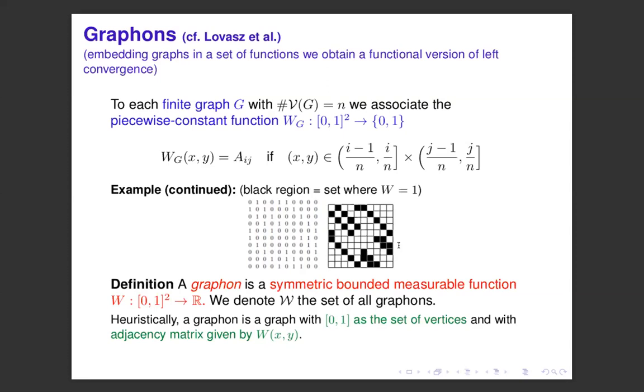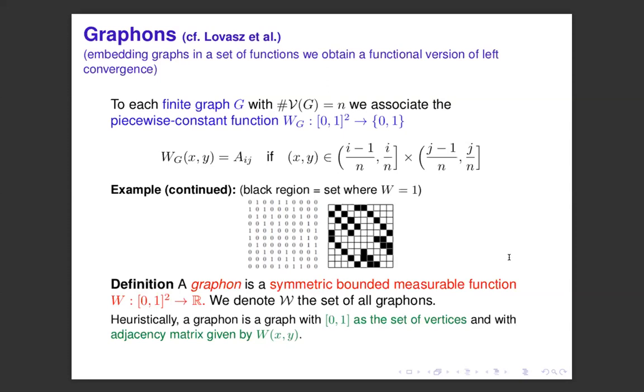There is a little difficulty in the visualization here, because for matrices 0,0 is on the top left corner, while if you regard 0,1 times 0,1 in the usual Cartesian representation, the 0,0 is on the bottom left corner.